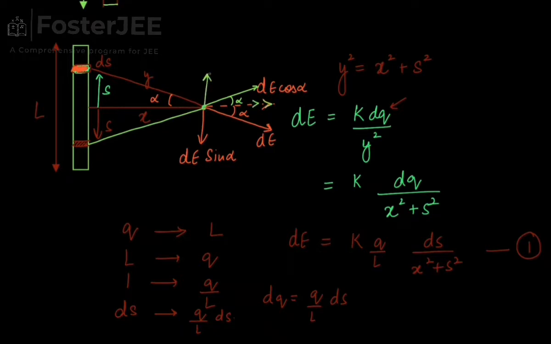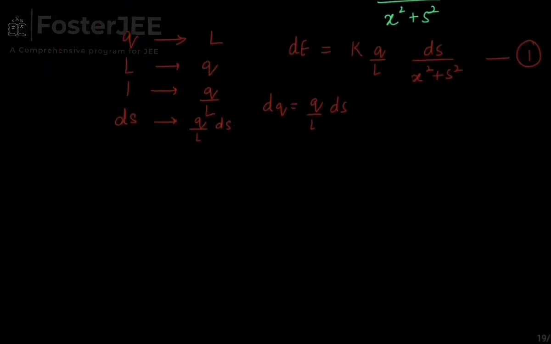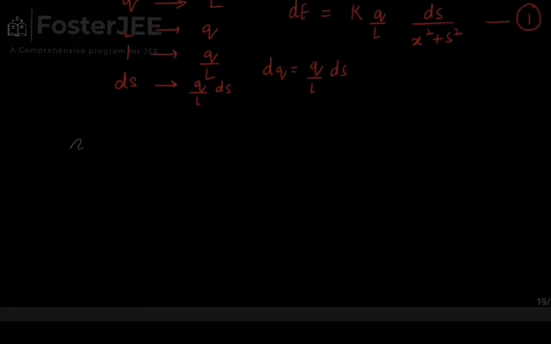But the component dE sin alpha will get cancelled out. And hence, the net electric field would be only dE cos alpha. So we will write E net would be integration dE cos alpha.